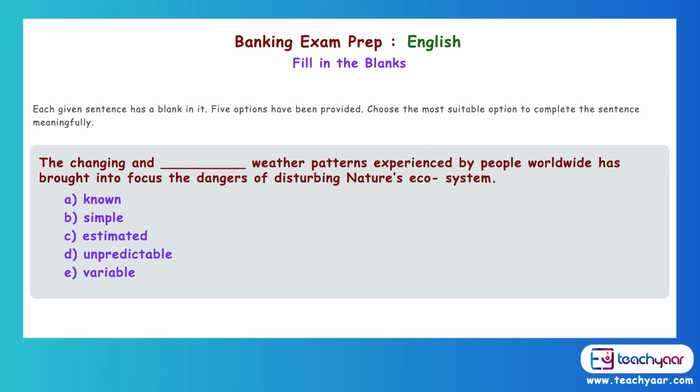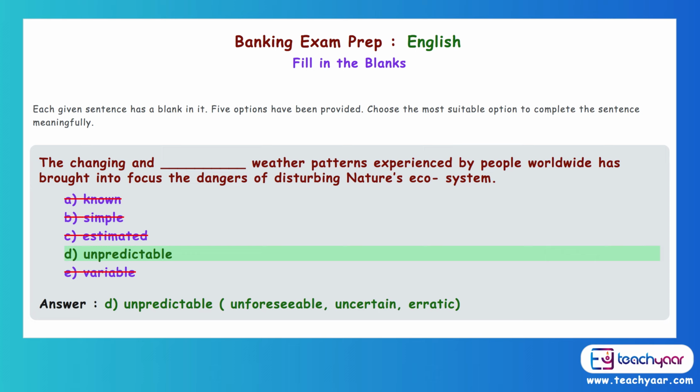But then they also know this is being caused because nature's ecosystem is being disturbed by us. So what's the answer here? Option D, unpredictable. And what is the meaning of unpredictable? Unforeseeable, something which you cannot foresee. Uncertain, erratic. So again, you have learned 5 words and 3 extra meanings of unpredictable.